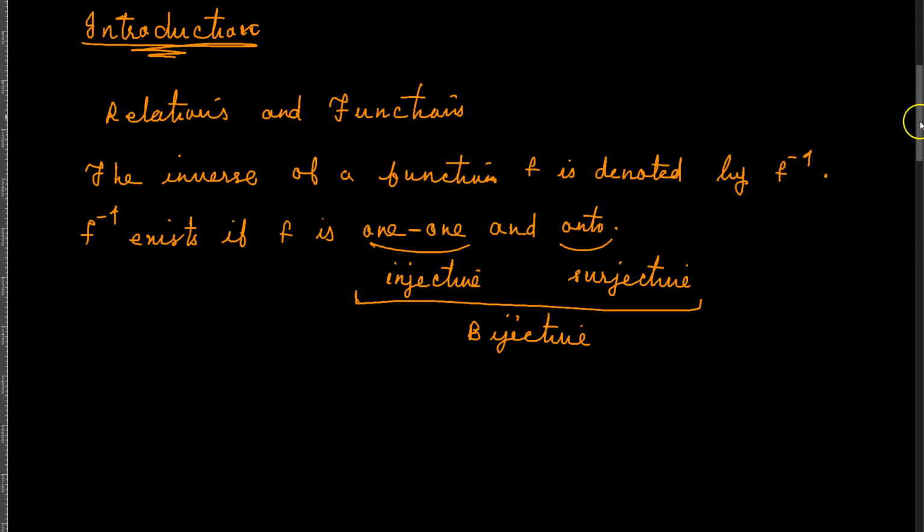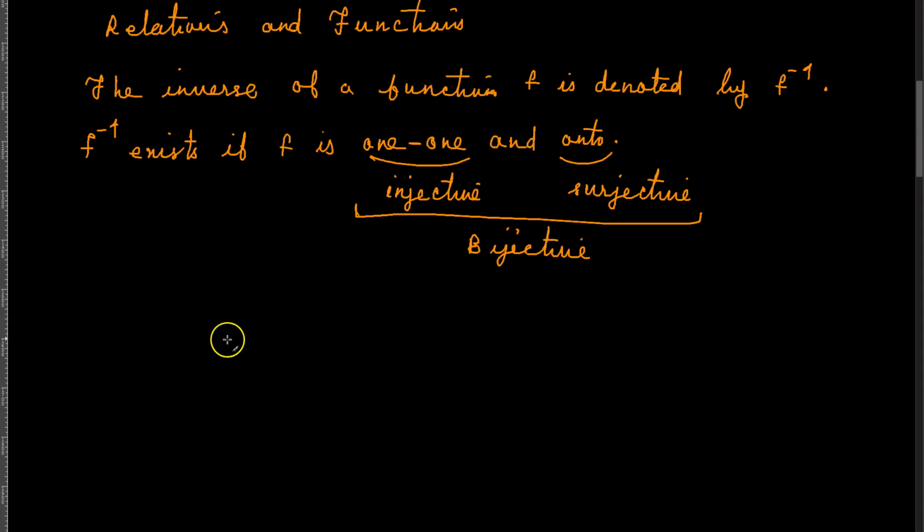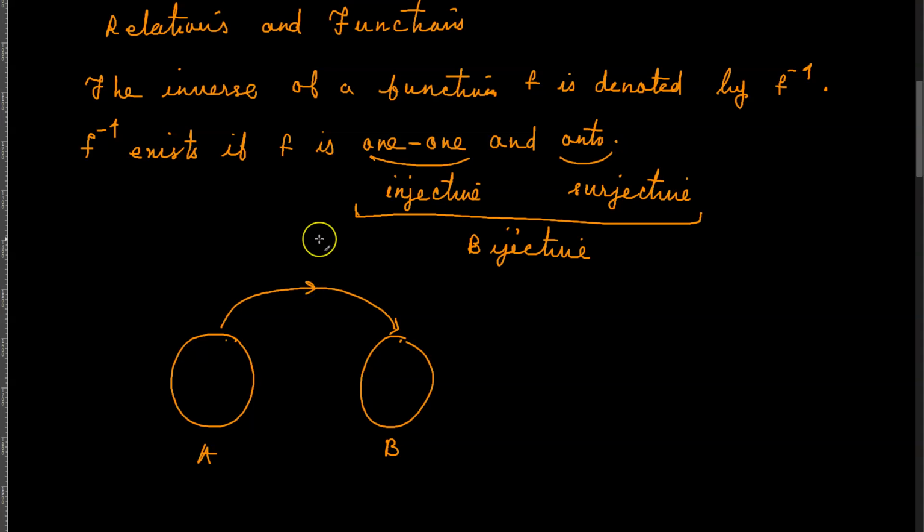For example, if you have a function from a set A to a set B, a function is nothing but a mapping from the elements of set A to the elements of set B, with specific rules that have to be observed. If those rules are observed, then you can call that mapping a function.